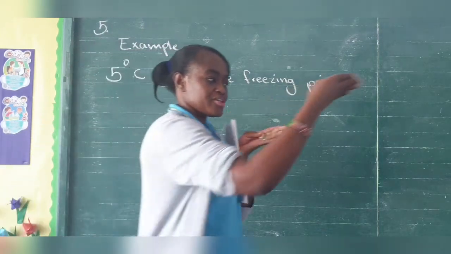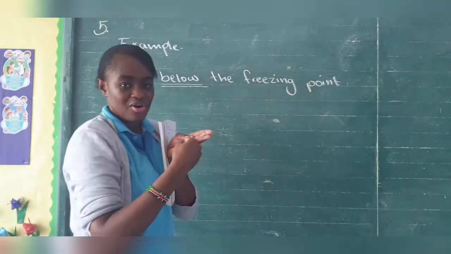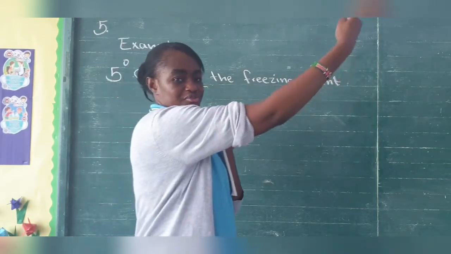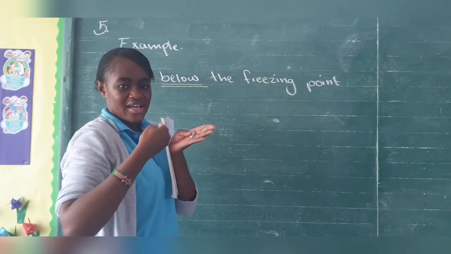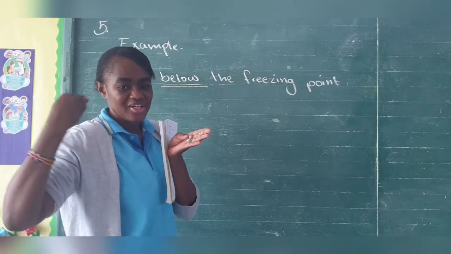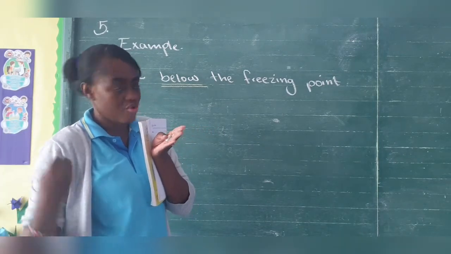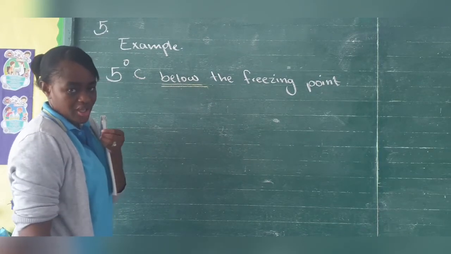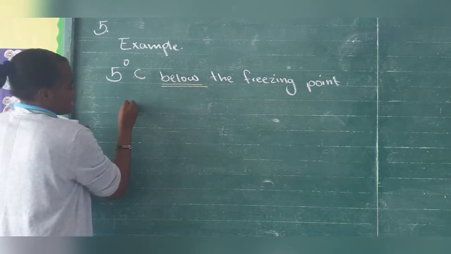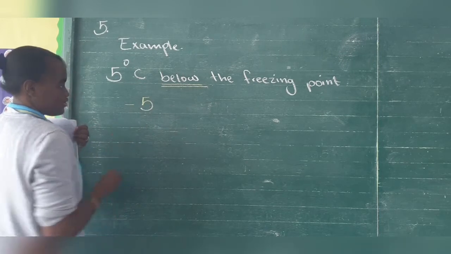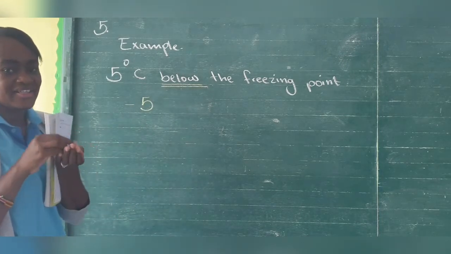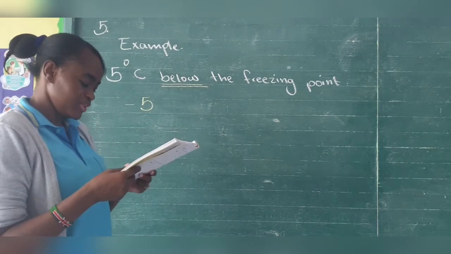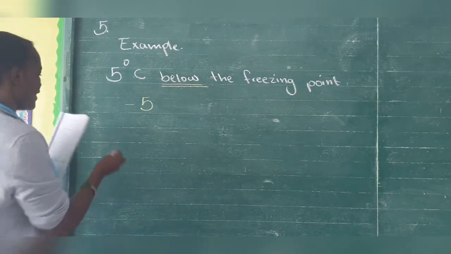If we're using horizontal, 0, 1, 2, 3, 4, and 0, -1, -2, -3, -4. So the word below means below 0, okay? So your integer is -5. Understand? Very good. Let's look at part A.